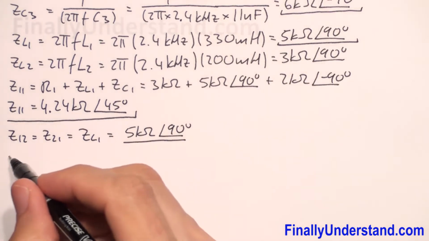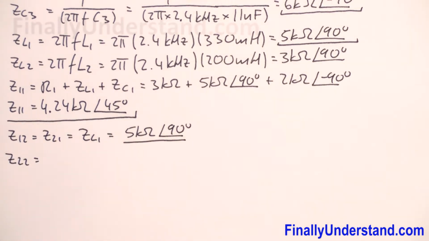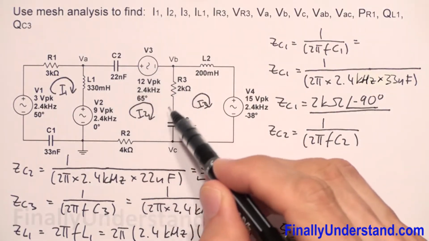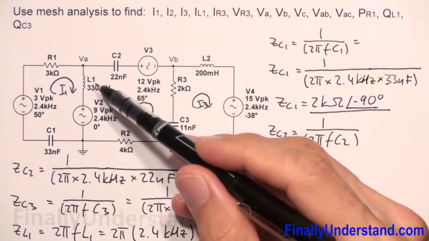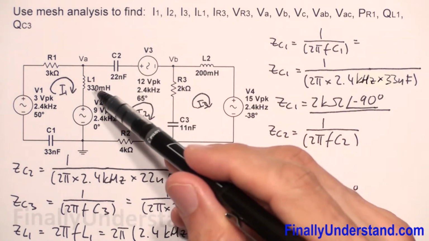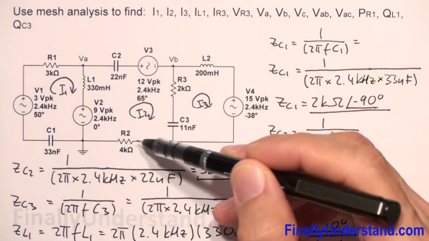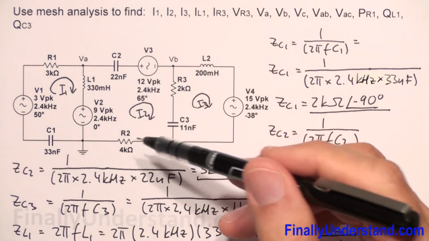Next, we're supposed to find Z22, the sum of the impedances in loop 2. So it means we have to add together ZL1, ZC2, R3, ZC3 and R2.